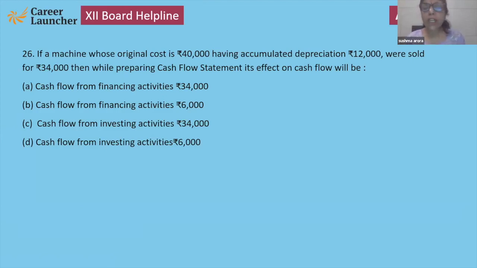While preparing the cash flow statement, its effect on cash flow will be. This question you can see in CBSE papers. Original cost 40,000, sold for rupees 34,000. Its effect on cash flow will be. Yes, who is going to give the answer?